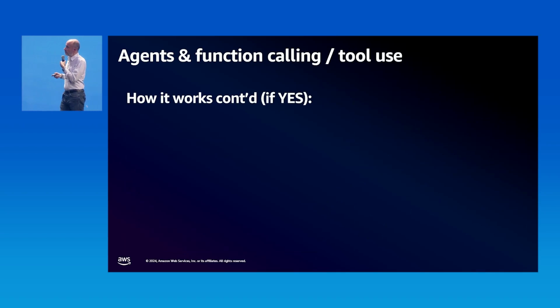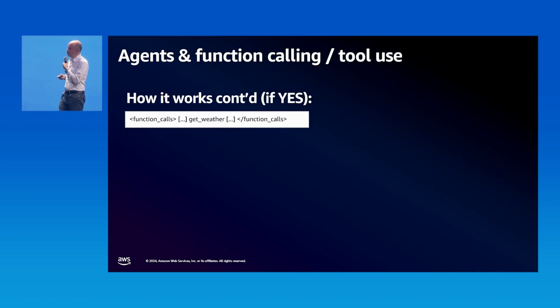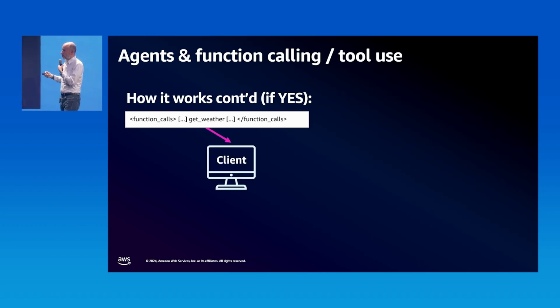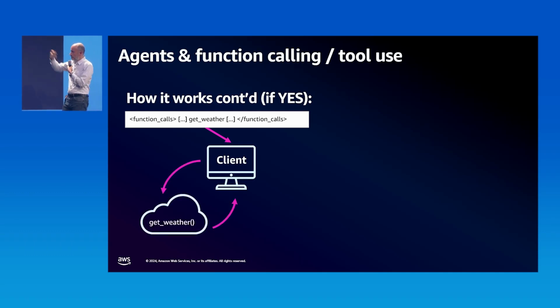So the execution step looks like this in more detail. You get this function call XML from Claude as a response. You can detect this with your traditional code, like a Lambda function: hey, Claude wants to call something. You can use this XML, maybe validate it, and then you implement your own client in your own code, could be Lambda, could be a container, whatever, that does the function call.